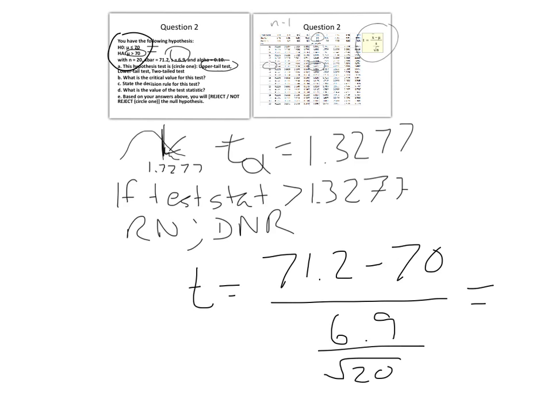Okay, so when we calculate that, what we'll get is 1.2 divided by 6.9 divided by the square root of 20.